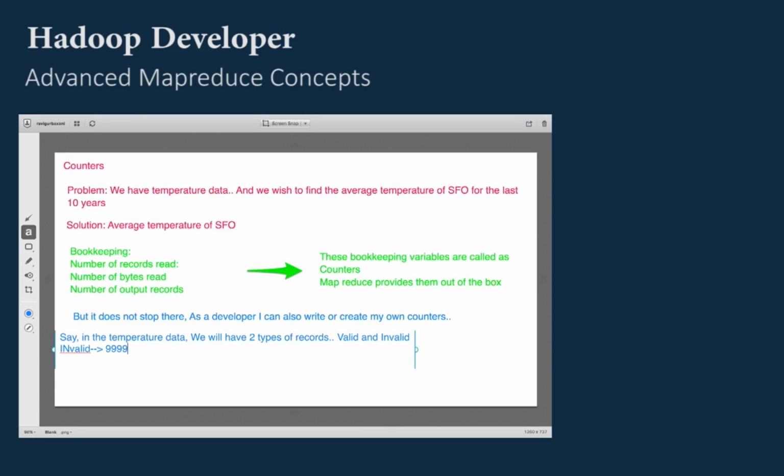Let's say invalid was 9999, and valid was everything else.